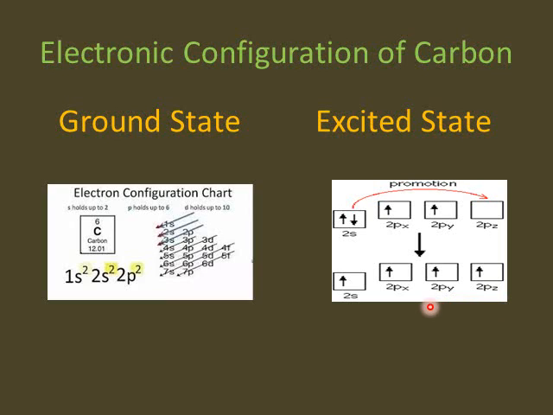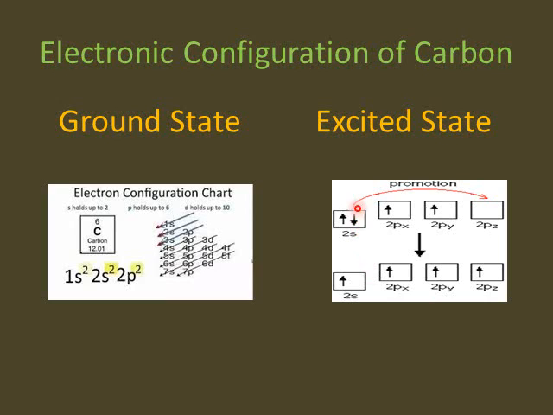Now don't you think, where does carbon get the energy to get excited? So guys, always remember, whenever bond formation takes place, whenever 2 atoms come together to form a bond, energy is released.